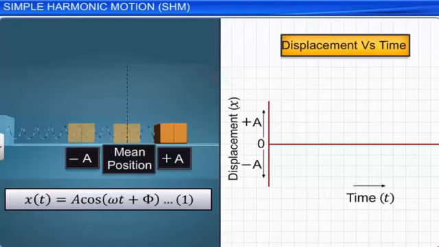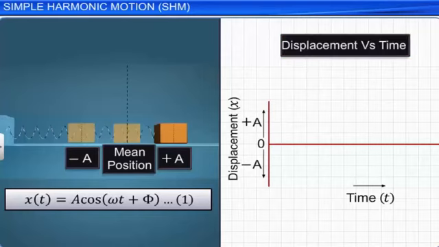A periodic motion where the displacement of an oscillating particle varies sinusoidally with time t can be called simple harmonic motion. Since the displacement x of the particle is dependent on the cosine function as given by equation 1, the displacement will vary from +a to −a.